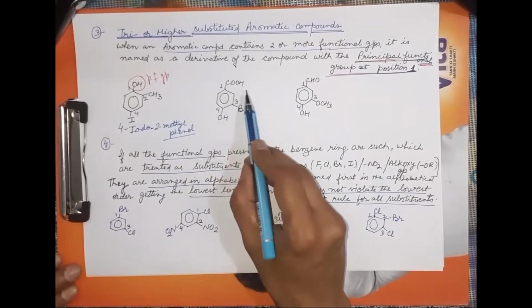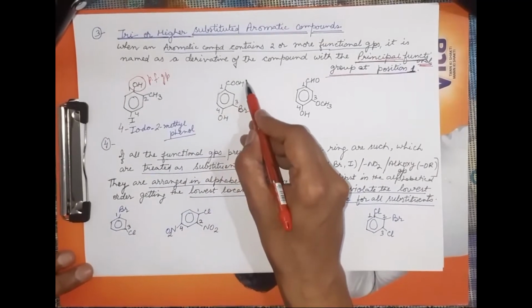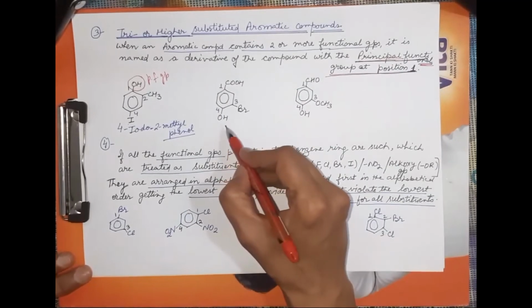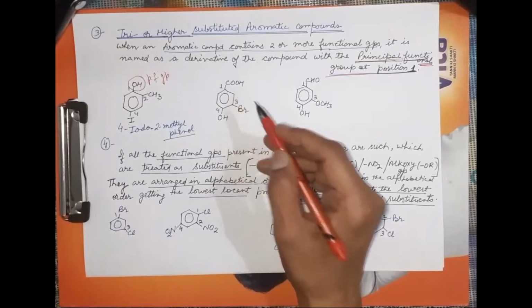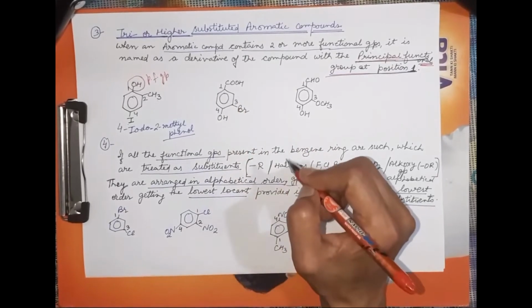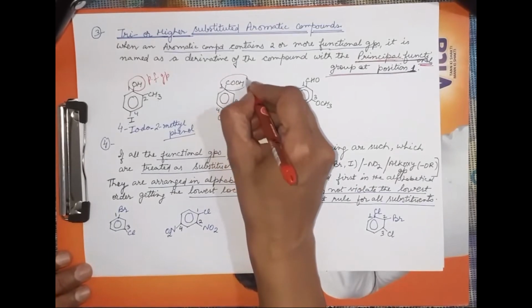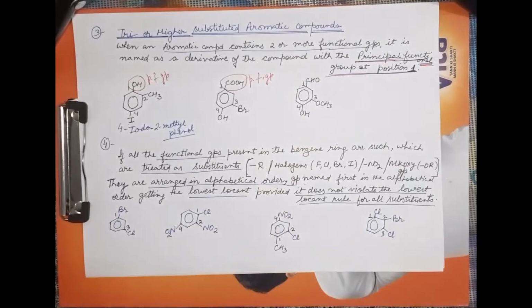Then the second case. Here we can see COH group, Br and OH are present. So two functional groups are there here, OH and COH. Among both of them, which will be the principal functional group? COH will be the principal functional group according to the priority table.